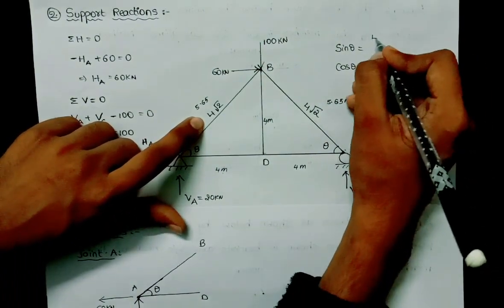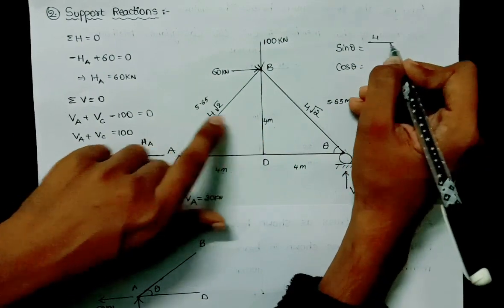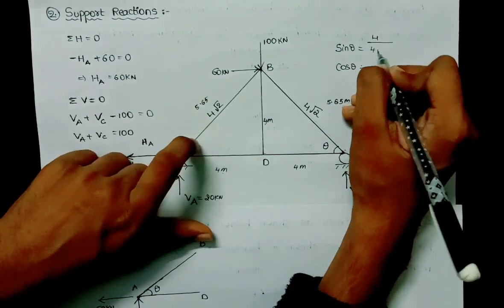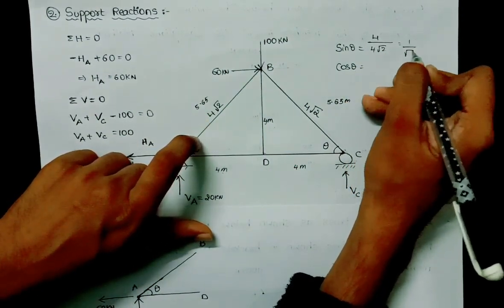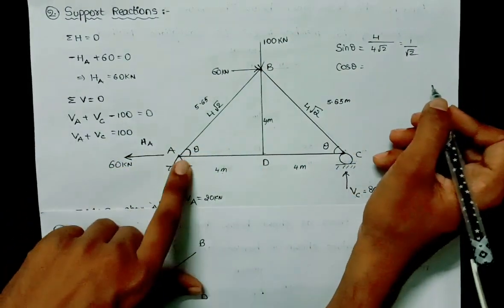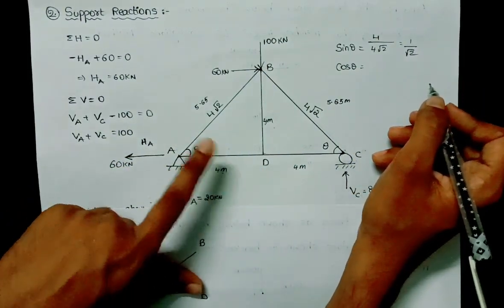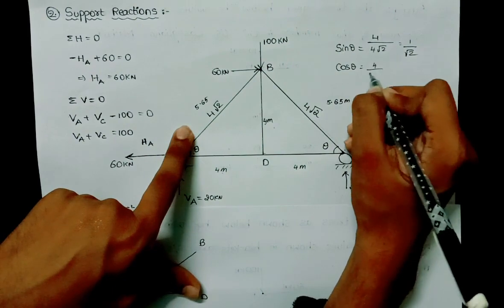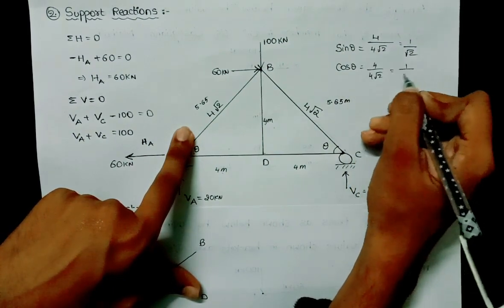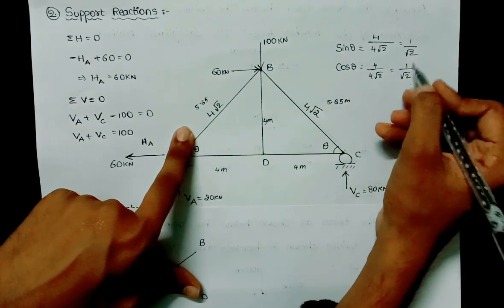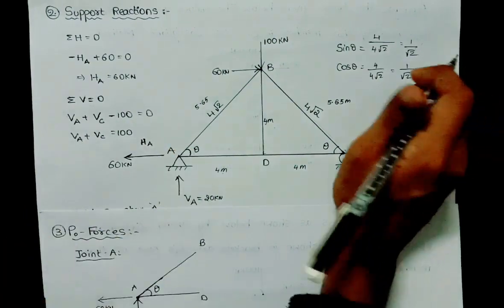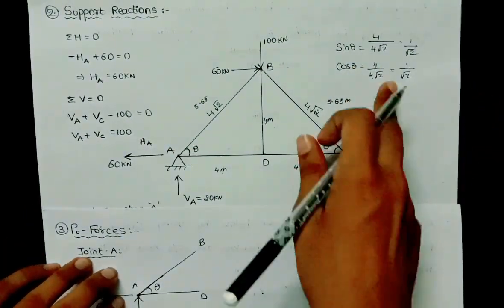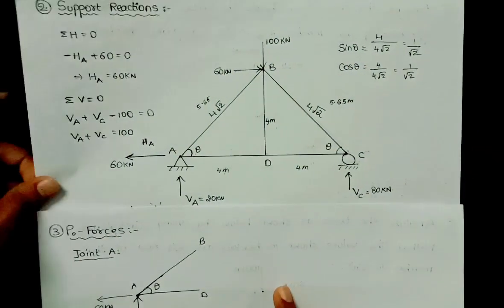That means opposite side is 4 meters by hypotenuse is 4 root 2. It is 1 by root 2. So similarly cos theta is equal to adjacent side by hypotenuse, again 4 by 4 root 2. It is 1 by root 2. So we got both sin theta and cos theta as 1 by root 2. So it will be easy for calculation if we write in fraction form.